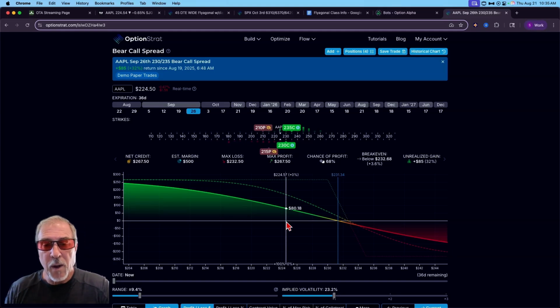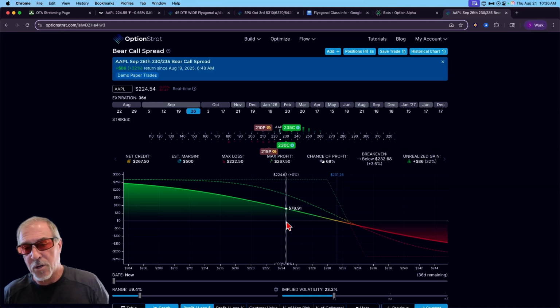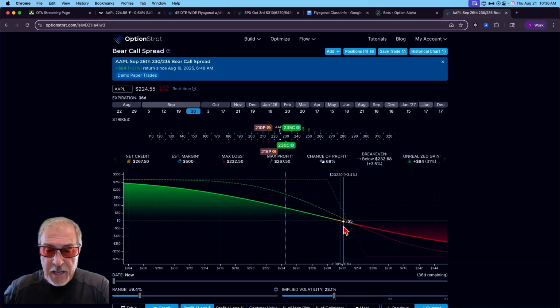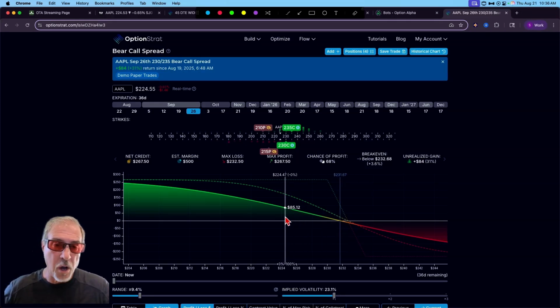So I want to show you how trades can evolve over time, and how an options trader that understands how to model and then place adjustments can greatly improve their returns in their options trades. In this particular case, I am getting the sell-off that I had anticipated, which is awesome.